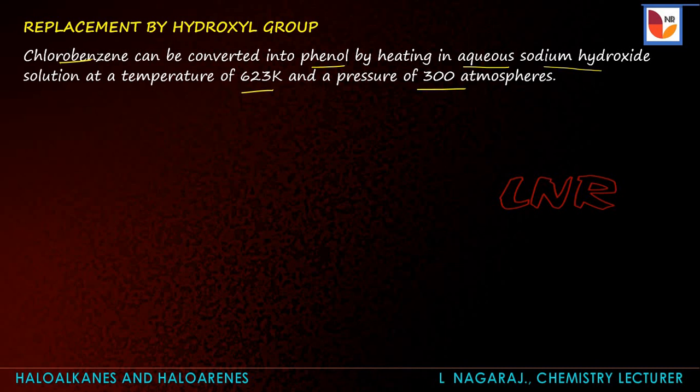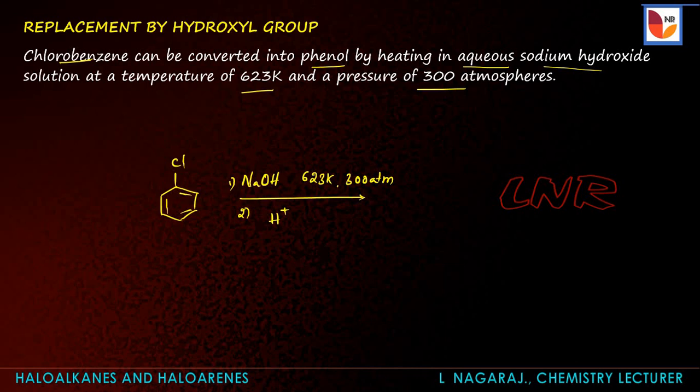That is, chlorobenzene reacts with aqueous sodium hydroxide at a temperature of 623 Kelvin and a pressure of 300 atmospheres, and the reaction takes place in the presence of an acid.